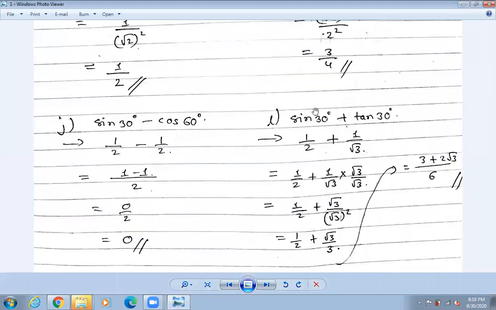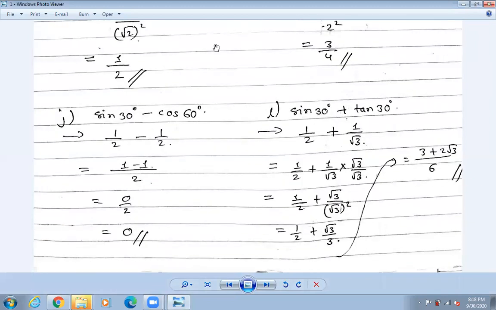The questions are becoming tougher and tougher, right? Let us see this one. Sin 30 is 1/2, cos 60 means 1/2. Now do you know how to do LCM? If there is a fraction and there is plus or minus, we need to take the LCM. What is the LCM of 2 and 2?